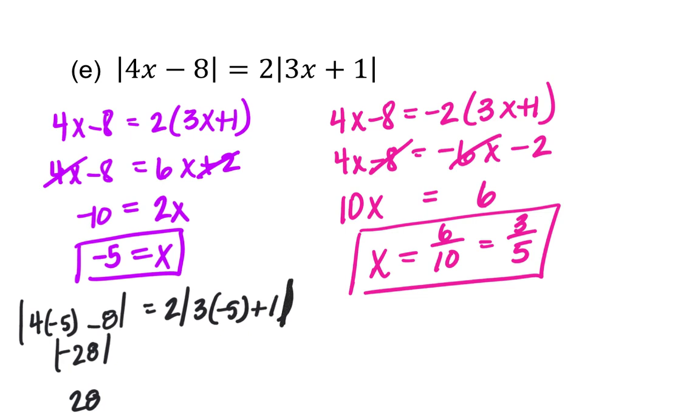So 3 times negative 5 is negative 15. Negative 15 plus 1 is negative 14. So this is 2 times negative 14. Well, negative 14 is really positive 14, and positive 14 times 2 is 28. Now I have to do the same thing with the fraction.